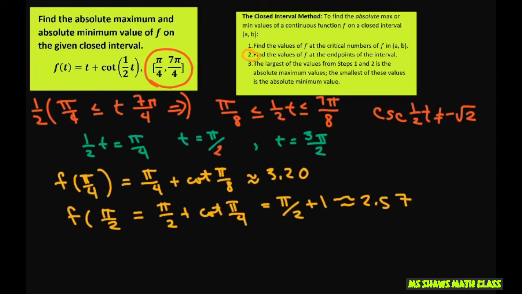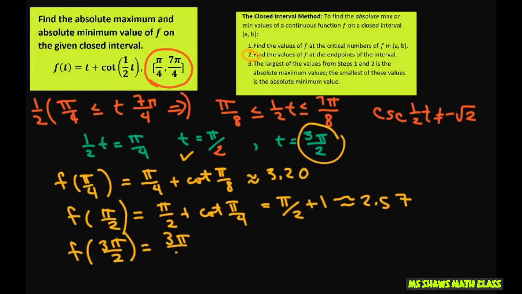That was my pi over 2. All right, next one we're going to use is 3 pi over 2. So f of 3 pi over 2 gives you 3 pi over 2 plus cotan of 3 pi over 2, which equals 3 pi divided by 2 minus 1, which is approximately 3.71.